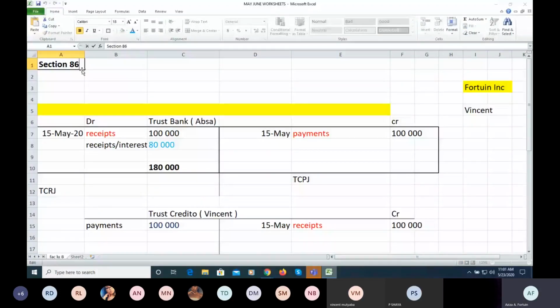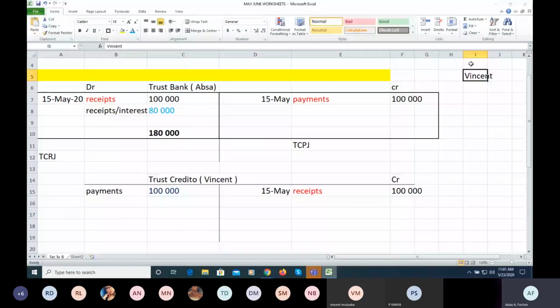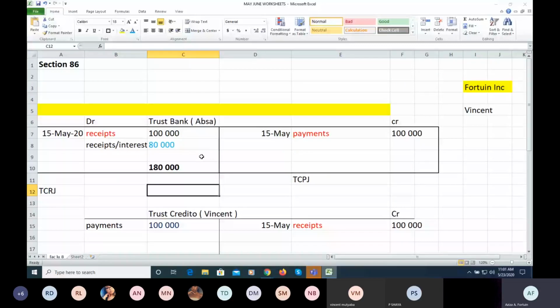So I have a practice, and Vincent comes into my practice and he would like to do a transfer of property. On the 15th of May, he wants to do it. I say to him, it's 100,000 Rand.